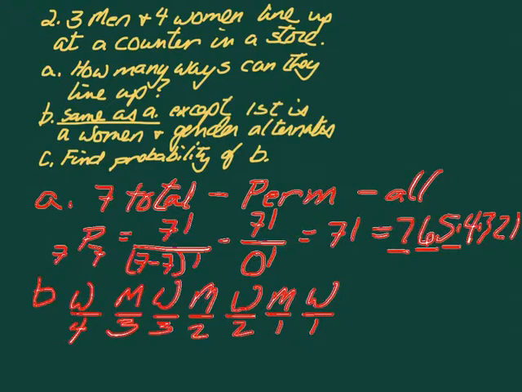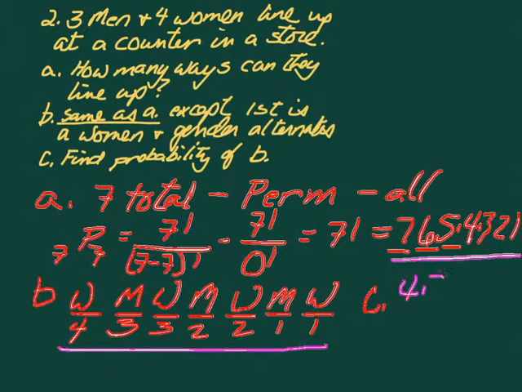And then finally, question C wants us to find the probability of B. Well, what would be the probability? The probability would be B divided by A. So essentially, I could have calculated these on a calculator. I didn't. So I'll just write what I got.